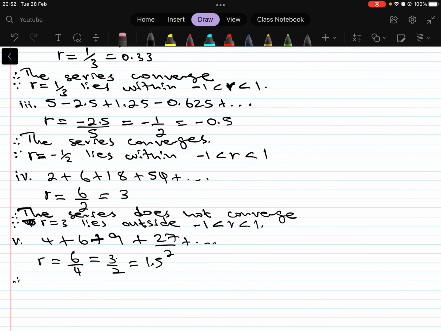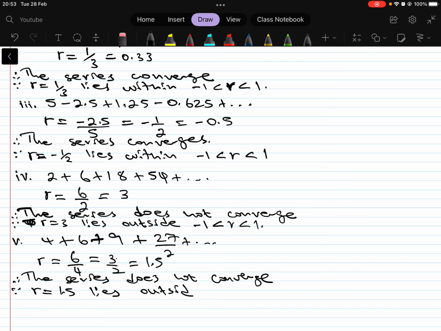So because it's outside 1 and -1, the series does not converge. The series does not converge because R equals 1.5, it lies outside -1 and 1.